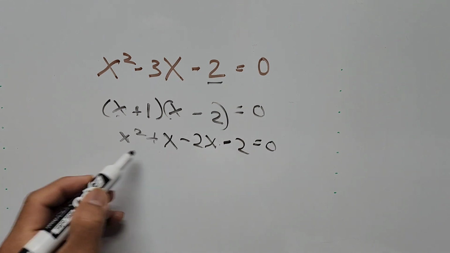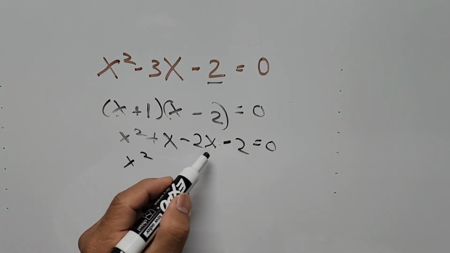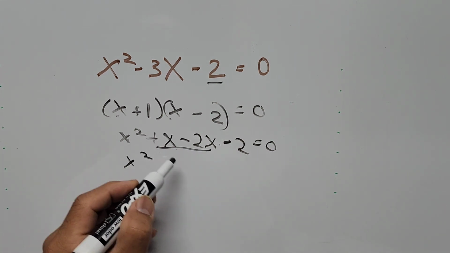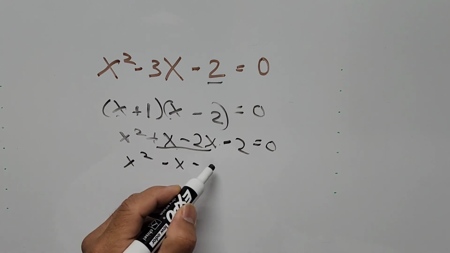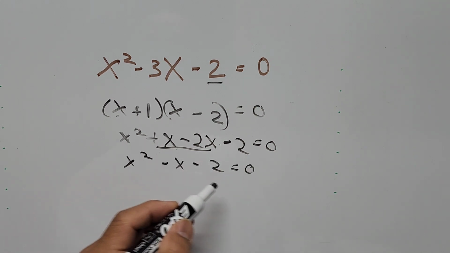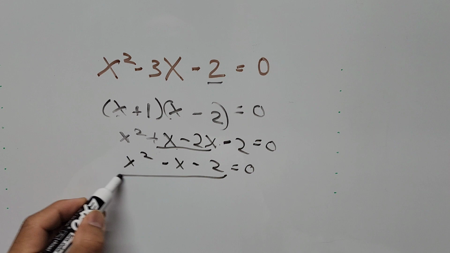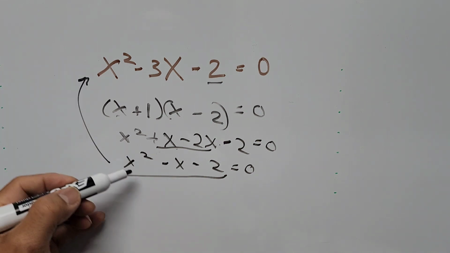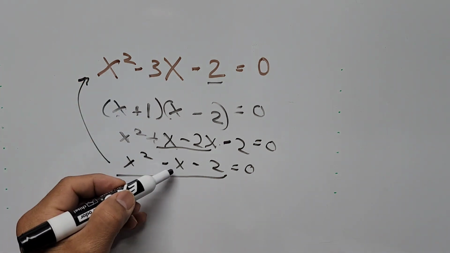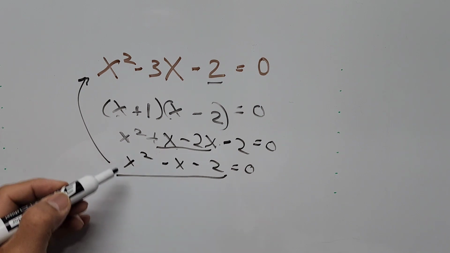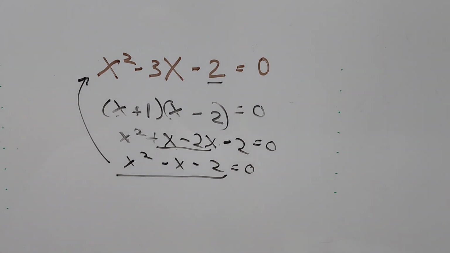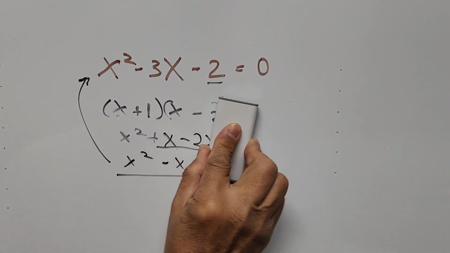If we simplify this, we have x squared minus 2x plus x, that is negative x, minus 2 equals 0. This equation is not the same as the original equation above. This is negative 3x and this is negative x. So let's do the completing the square method.